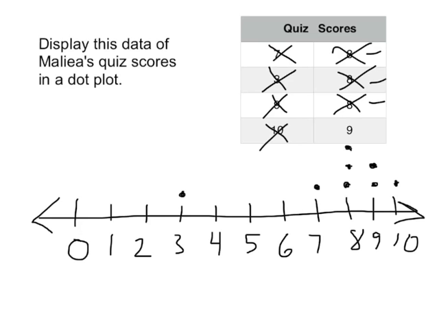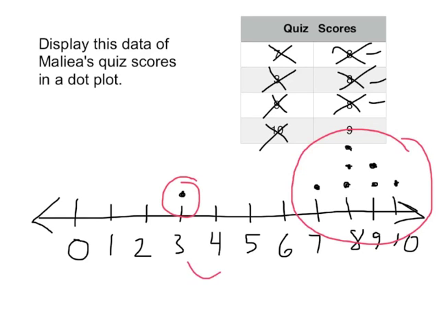You can see that most of her quiz scores are pretty good. They go from 7 to 10. She did have one bad one way down here, and there's a gap in between all of those data points and that one. All these data points that are together are called a cluster.